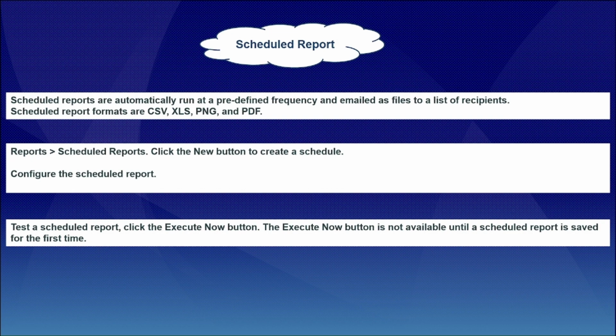Simply click on the execute button and your schedule will be executed now. But the Execute Now button is not available until a scheduled report is saved for the first time. Once you save your scheduled report, you can see the UI action button, that is the execute button. So you can execute according to your scenario.